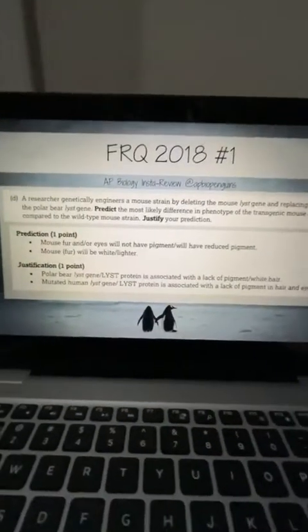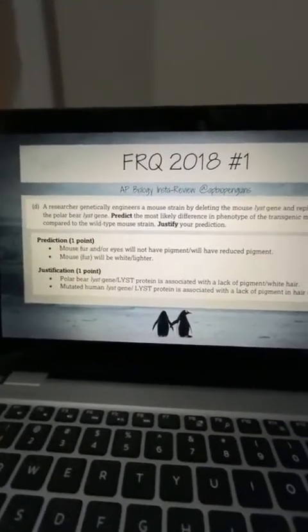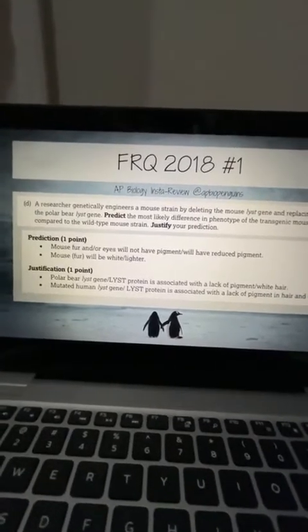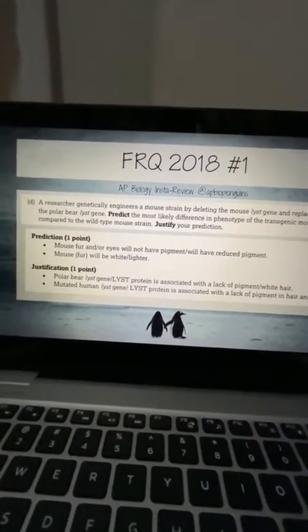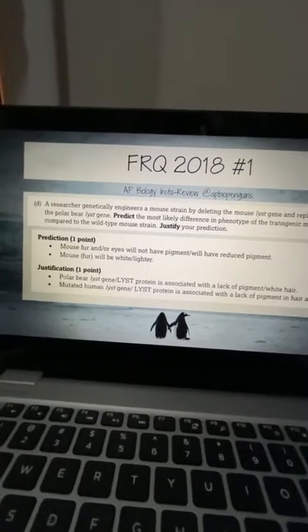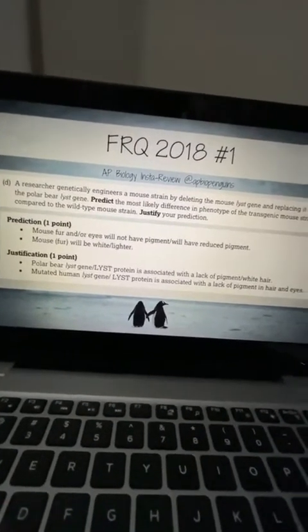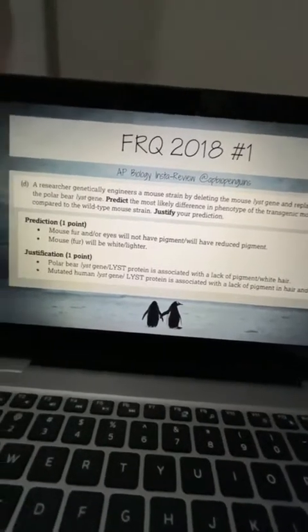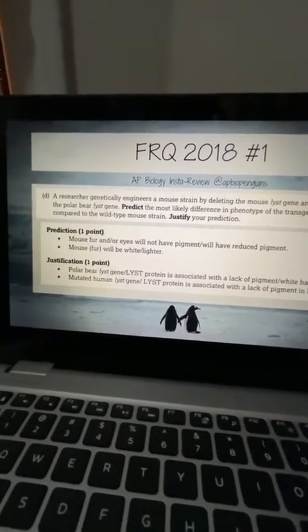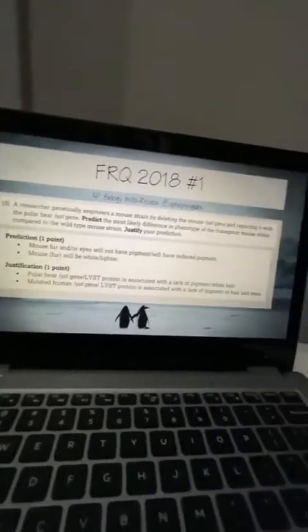So that's what you should have had in your answer: that the mouse fur and/or eyes would not have the pigment or would have reduced pigmentation. The mouse fur would be light or white. The polar bear mutation is associated with lack of pigment or white hair, and the mutation of the human gene is associated with the lack of pigment in the hair and the eyes.